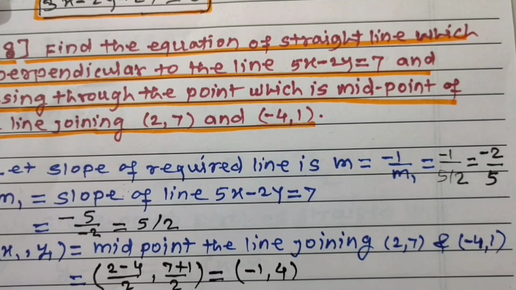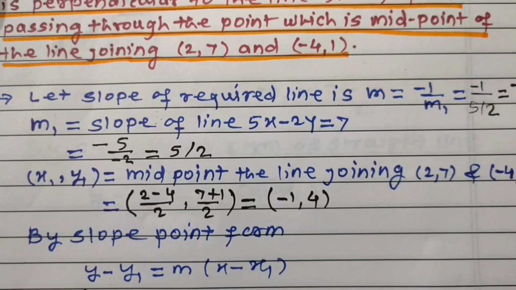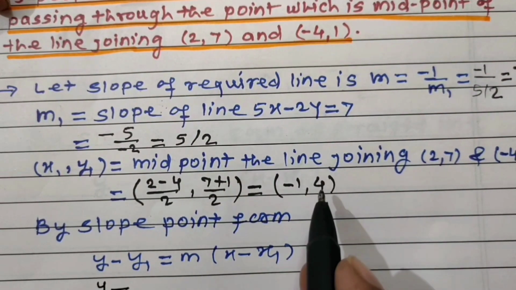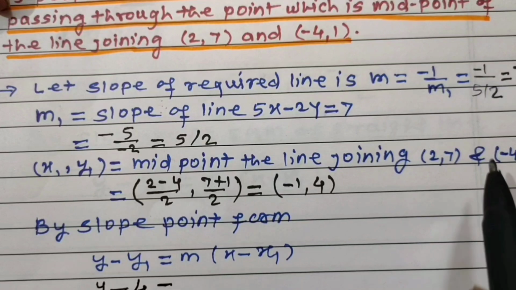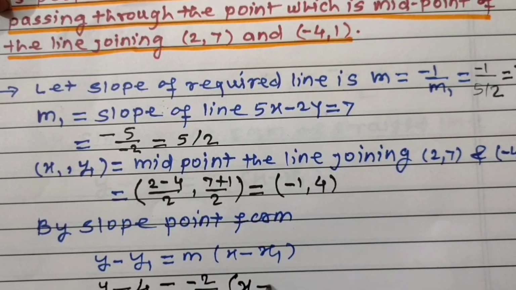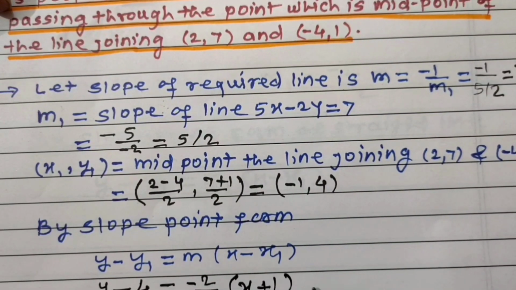Then applying slope point form, which is given by y minus y1 is equal to m into x minus x1. So y minus y1, that is 4, is equal to m, which is minus 2 upon 5, into bracket x minus x1, which is minus 1, so minus minus plus 1. Simplify this.